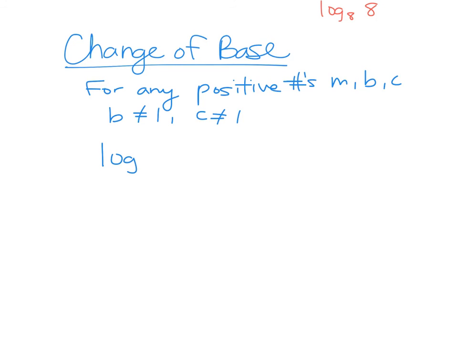Log base B of M is going to be written as log M over log B. Another property for you. So if we need to turn it into two separate logs, you can say log M divided by log B. Okay? And these ones are pretty simple.